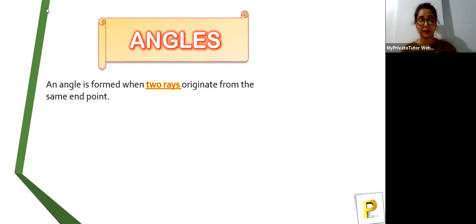Now, what does that mean? Let's see. I have a ray over here, then one more. You can see that both of these rays are originating from the same point, right? The point B is the point from where the ray BA and the other ray, BC, are extending.